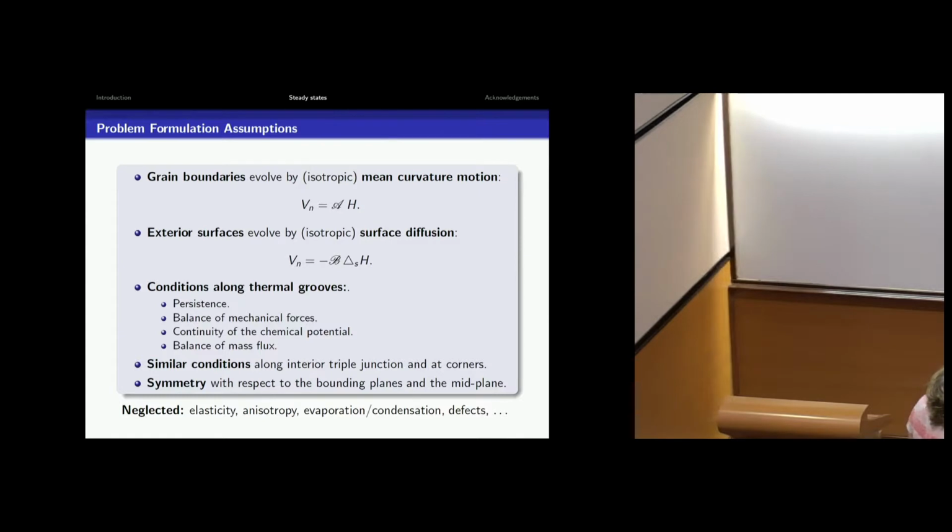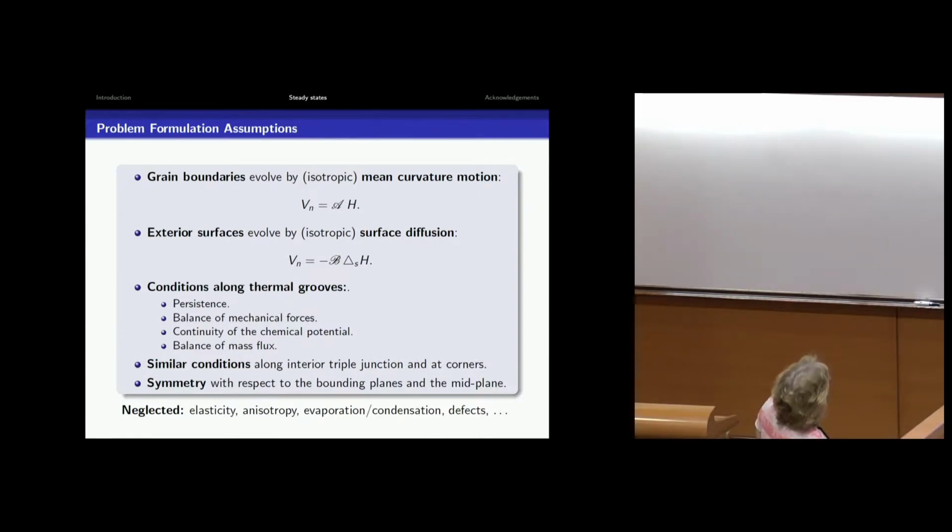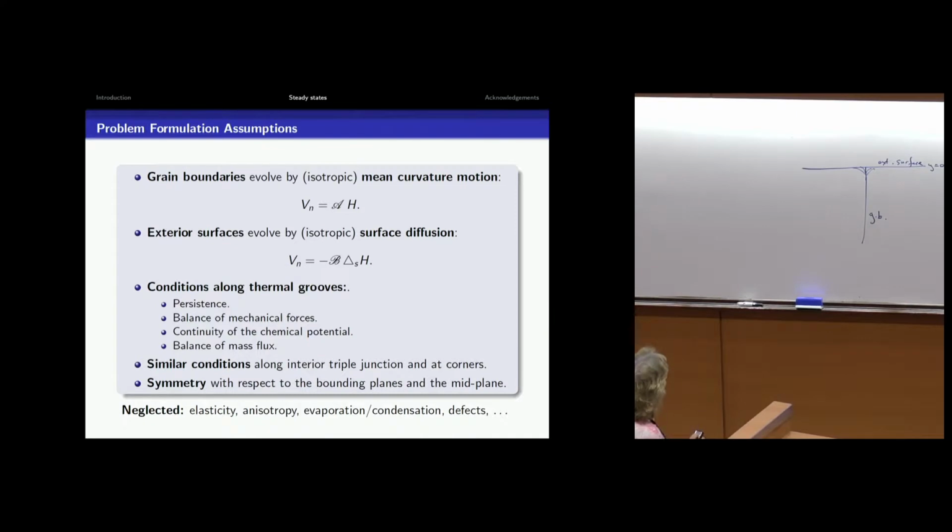Along the thermal grooves, persistence, balance of mechanical fluxes, continuity of chemical potential, balance of mass flux, and then along this interior triple junction line, we have similar conditions as well as at the corners. Symmetry has to be taken into account, or we dictate that as easy.